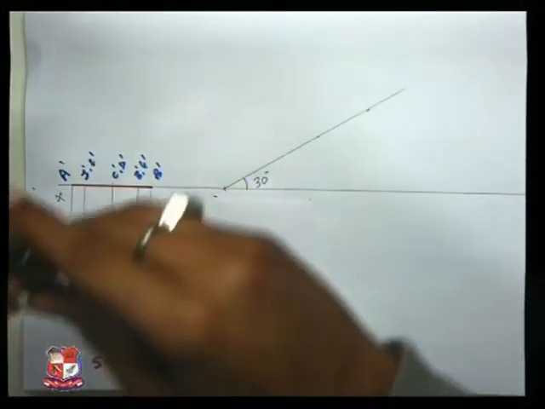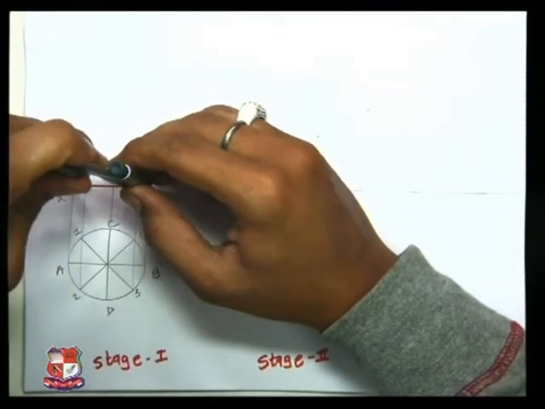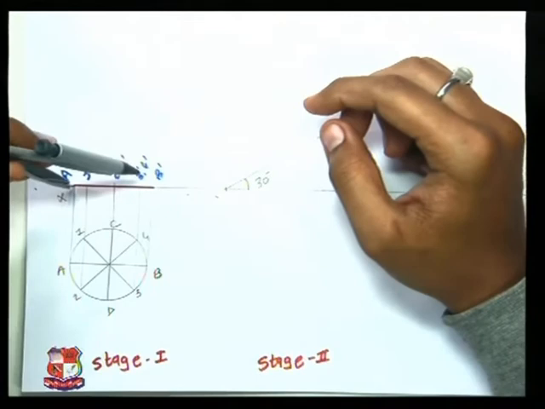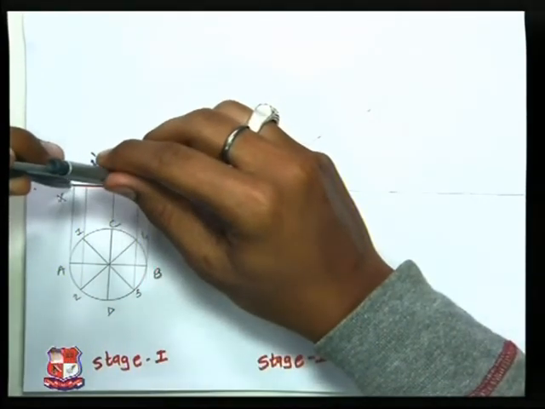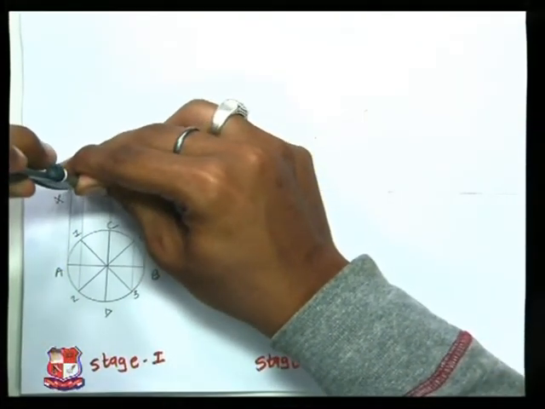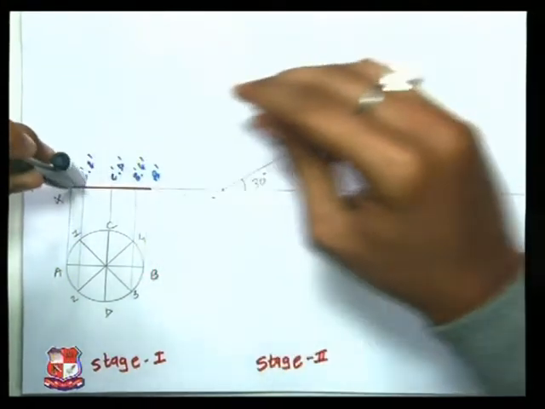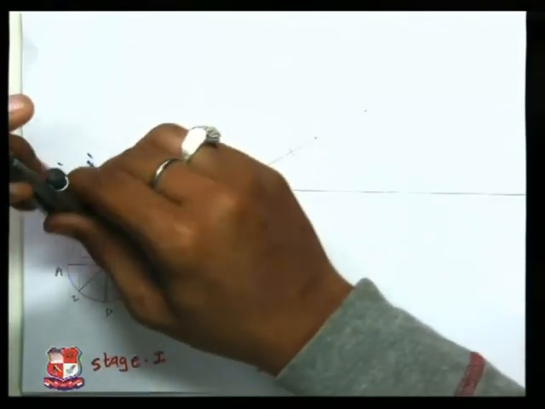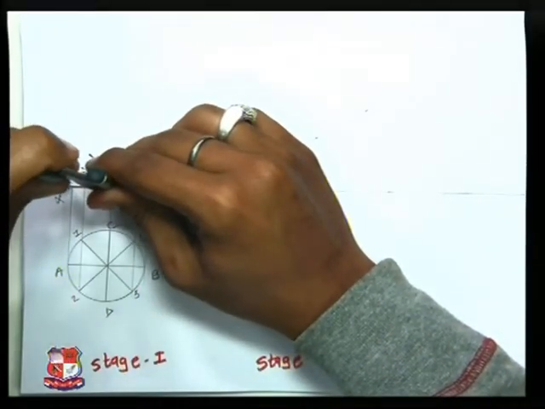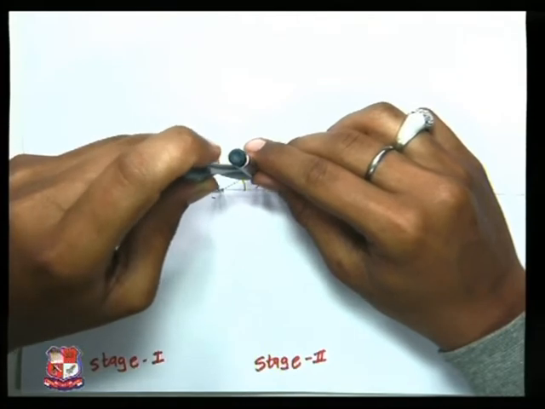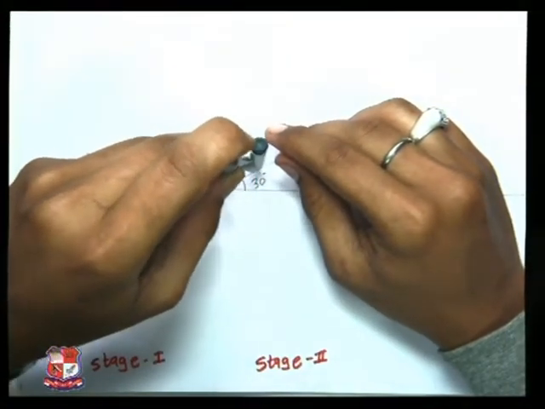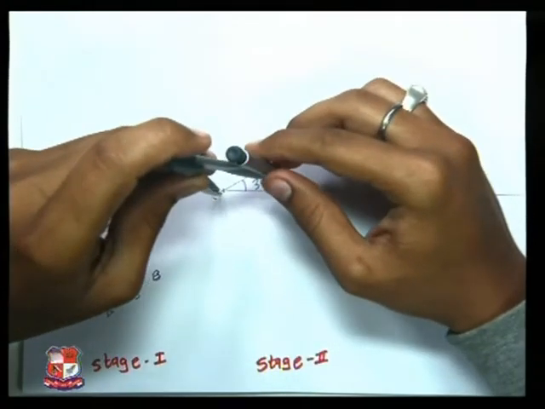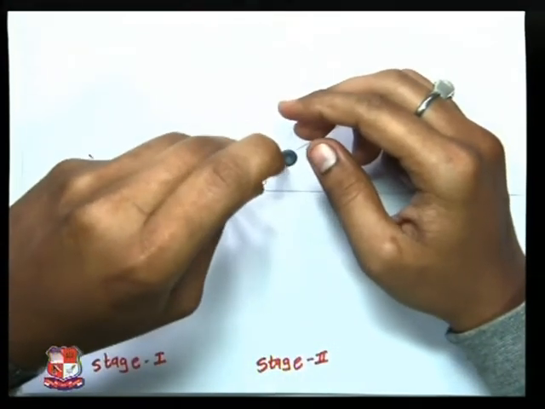Taking radius as A dash B dash, marking an arc. One by one, A dash to 1 dash, marking arc. A dash to C dash, marking arc. A dash to 3 dash, again marking arc.